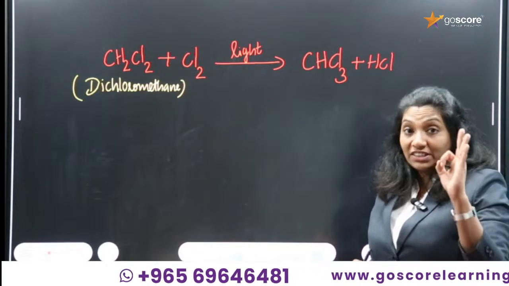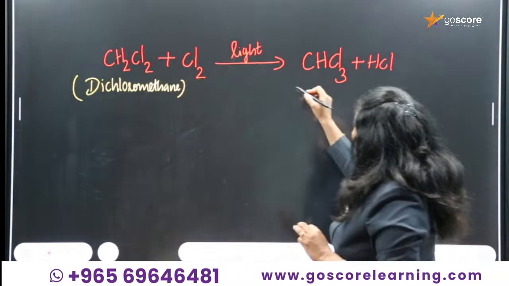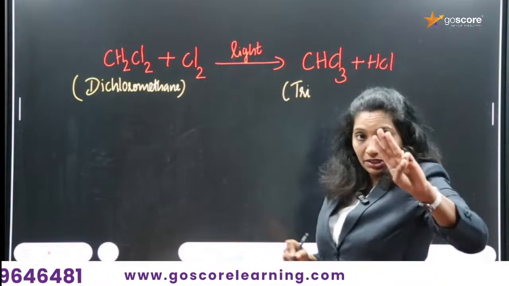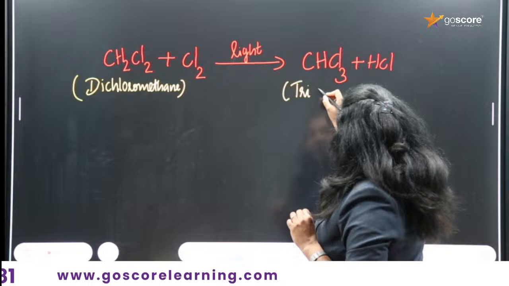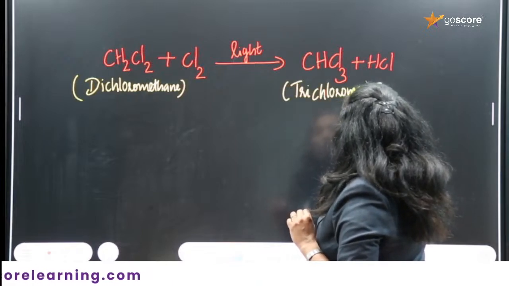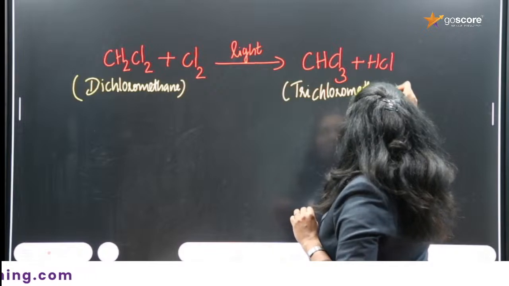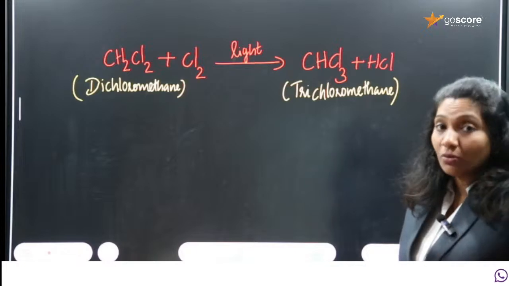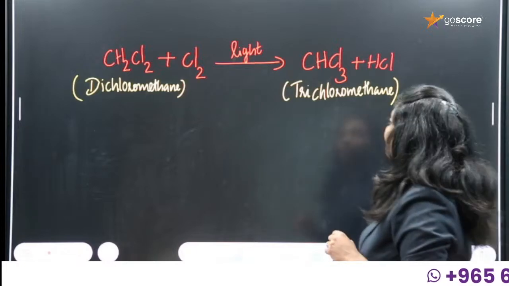We have 3 chlorine, right? 3 chlorine means it is tri, right? So it is trichloromethane. And do you know the common name of this trichloromethane? It is commonly known as chloroform. Okay.